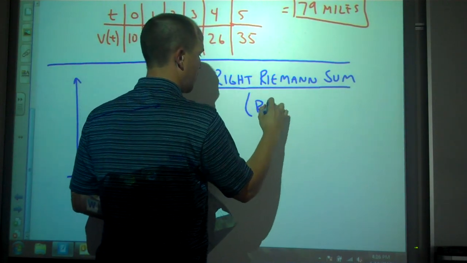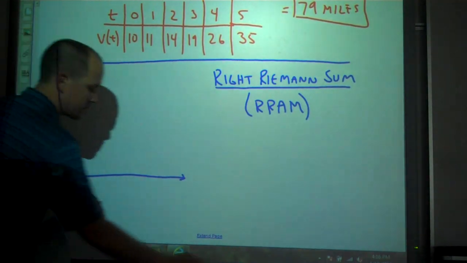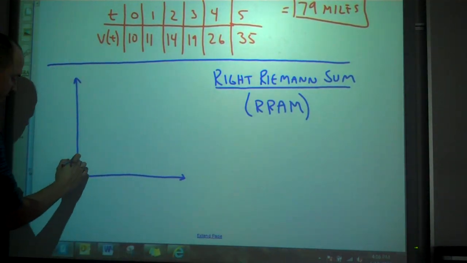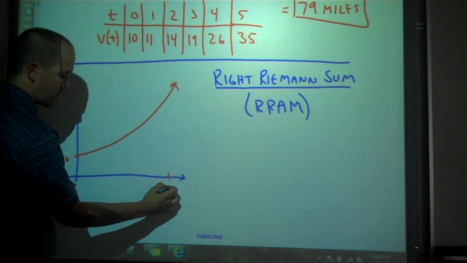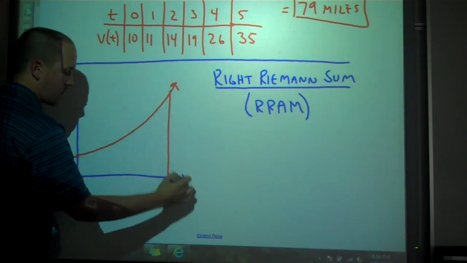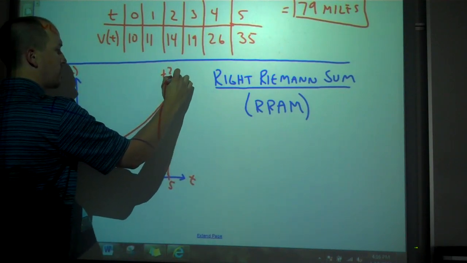This is RRAM. I'm going to sketch my graph again. T, V of t, t squared plus 10.